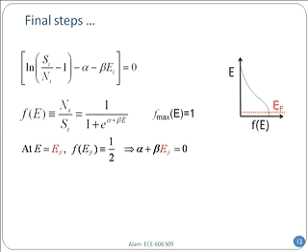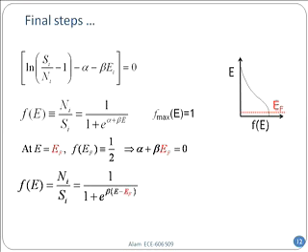And so therefore, do you see that if it has to be half, then the argument of the exponential, alpha plus beta E, must be 0? Because e to the power 0 is 1, and 1 divided by 1 plus 1 is half. So this must be the condition, and that relates alpha and beta. The second condition is that you can get an expression for alpha equals minus beta EF and insert it in there.